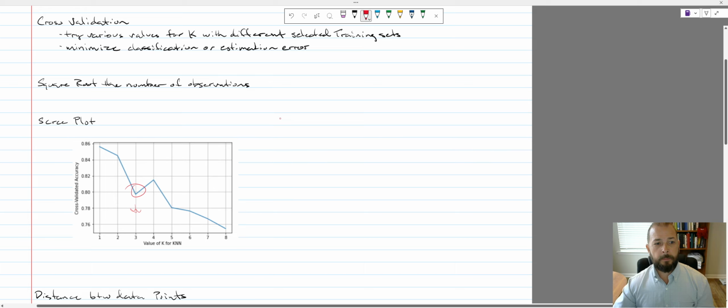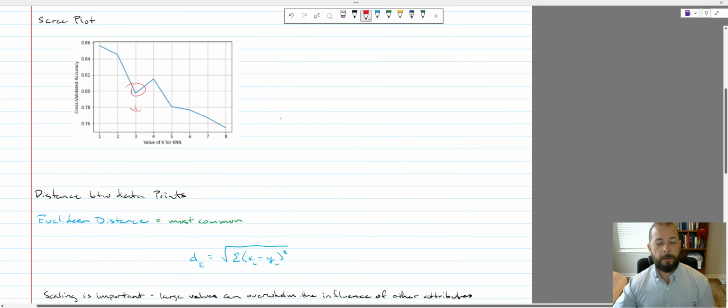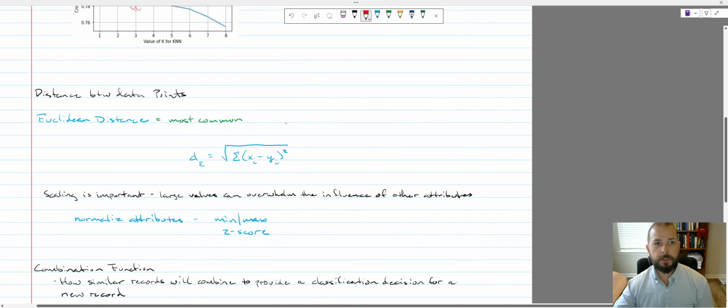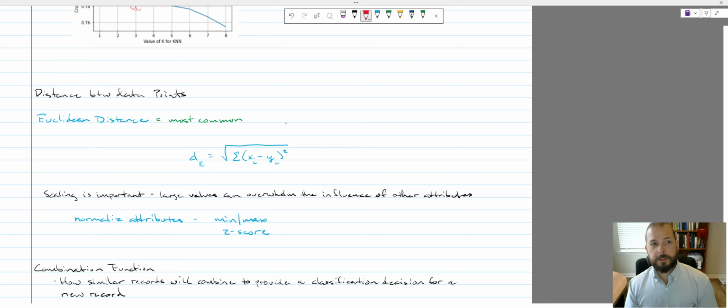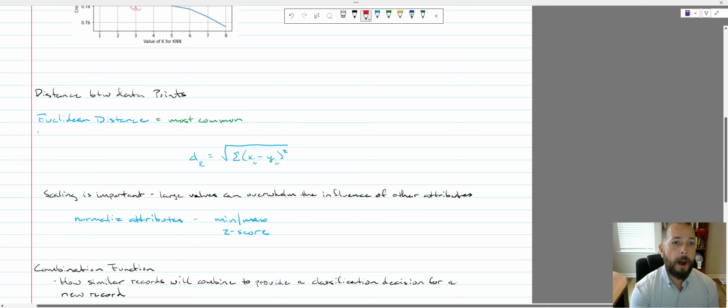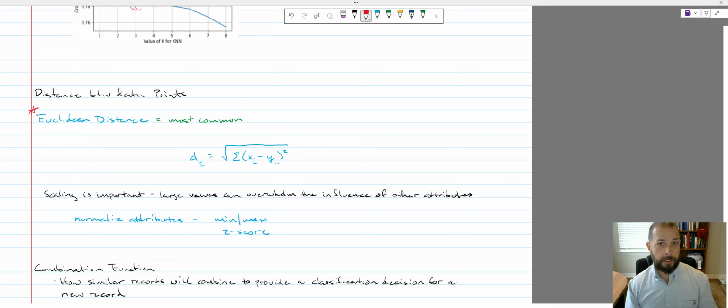All right. The next thing we want to talk about is how we actually measure the distance between our data points. How do we determine how far away these data points are? There are a few different ways to do this. The most common one that we're going to look at is the Euclidean distance. This is the one most often used, especially with K nearest neighbor and K means classification.